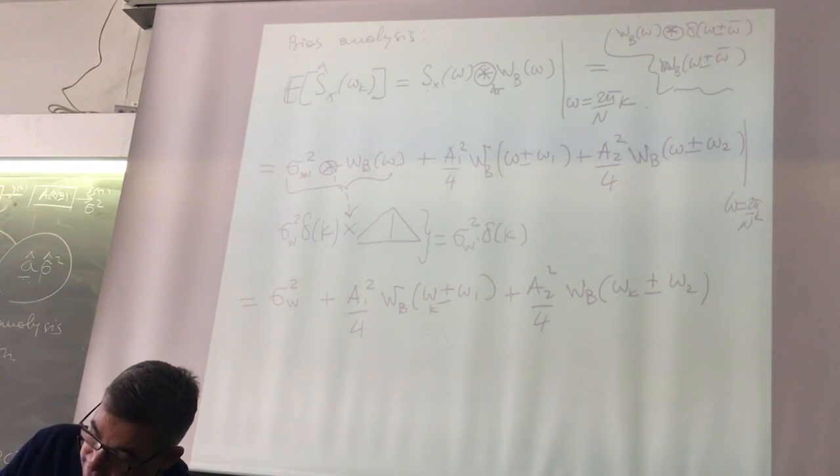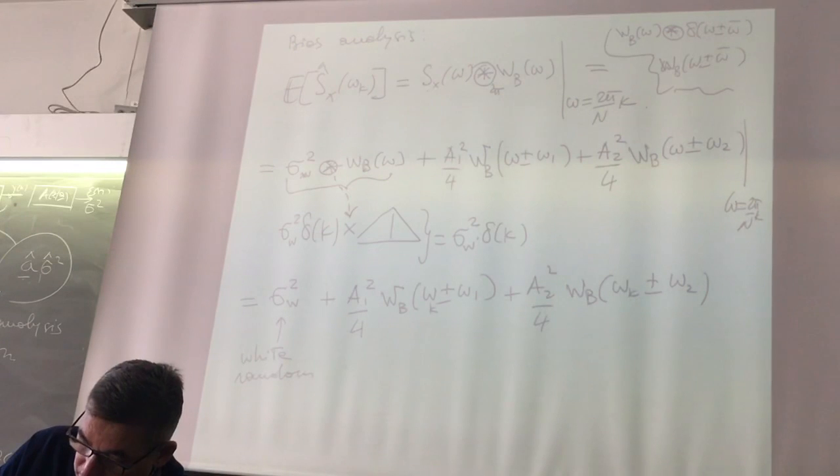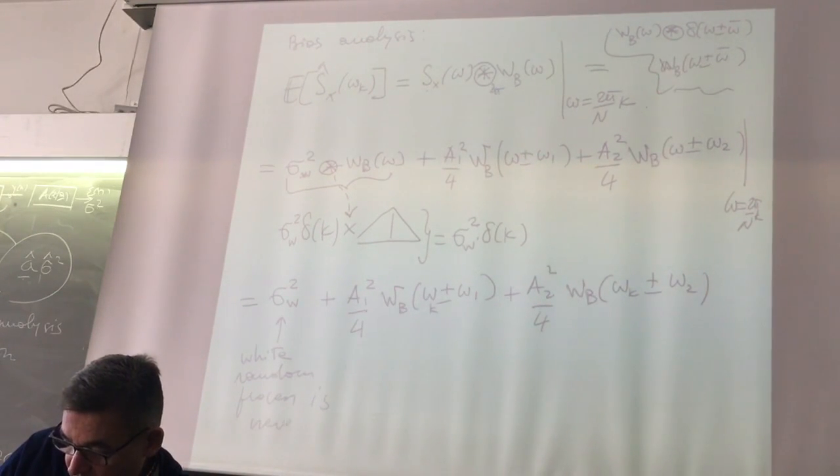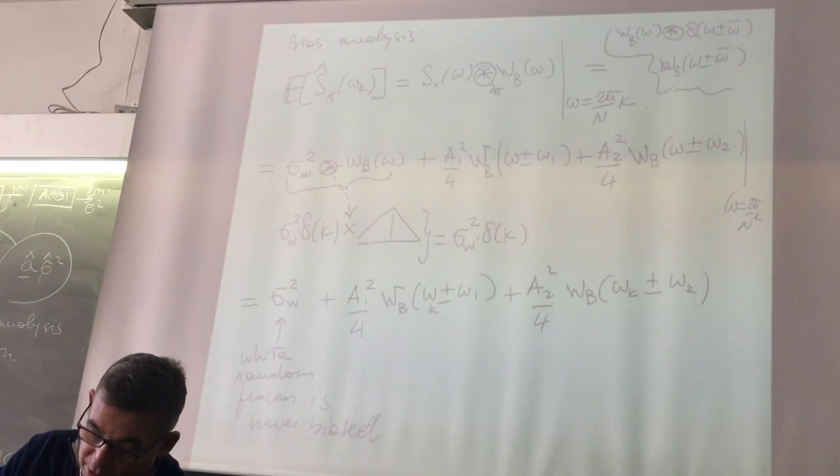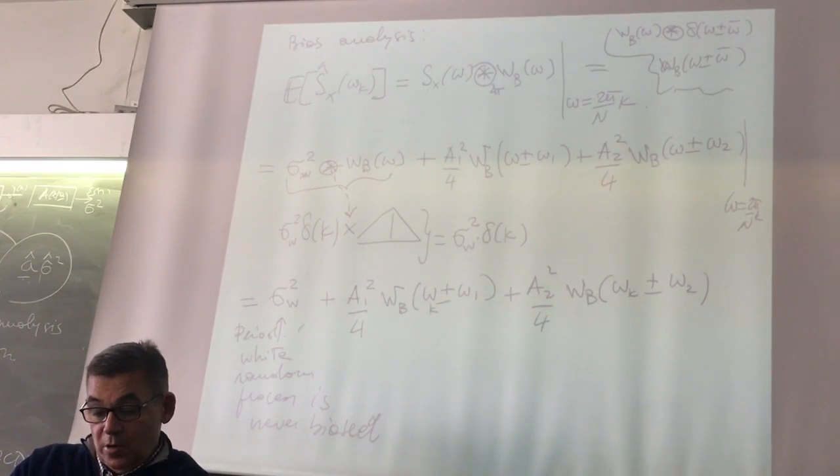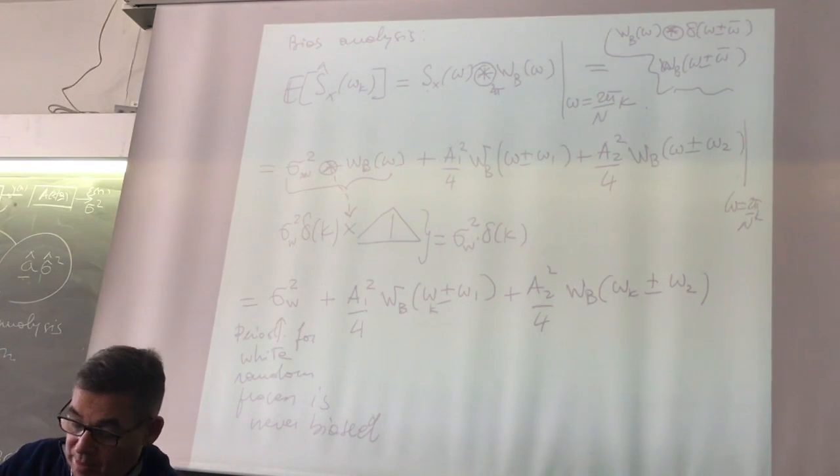Now, what does it mean? It means that the periodogram for a white random process is never biased.